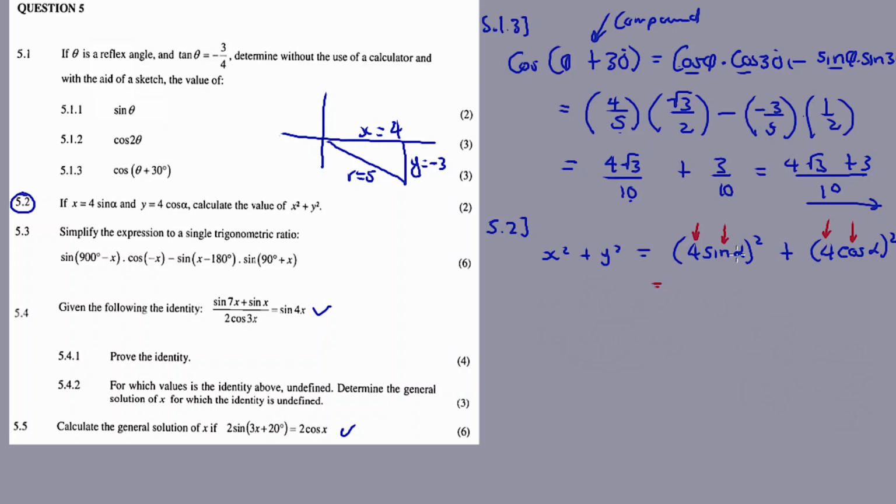Our answer will be 4 squared, 16 sine squared alpha, plus 16 cos squared alpha. 16 is a common factor, leaving sine squared alpha plus cos squared alpha, which is 1 by the identity. So this is equal to 16.